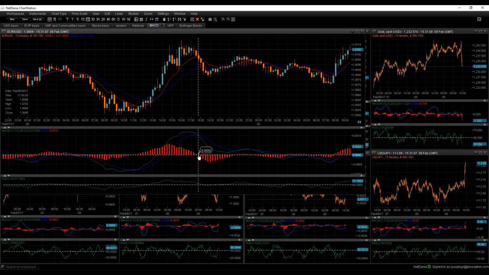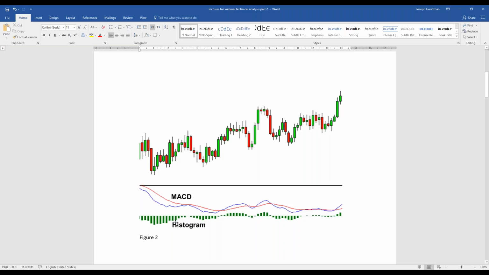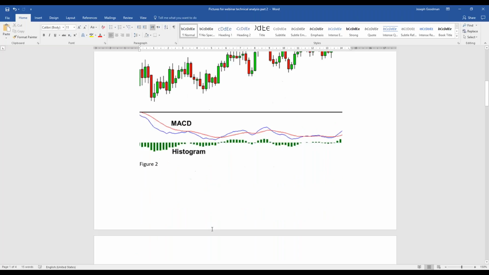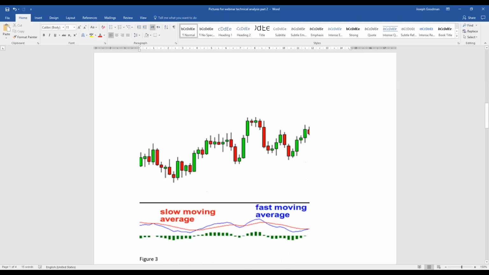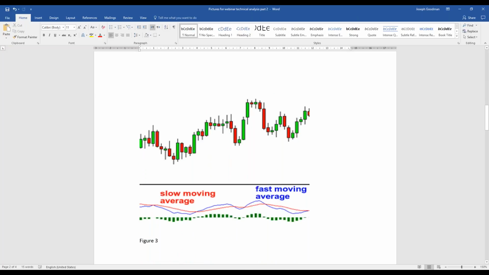All right, so let's look at an example here. So you see, looking at one of the examples from above, that as the two moving averages separate from one another, the histogram becomes bigger. And this is what we call divergence.